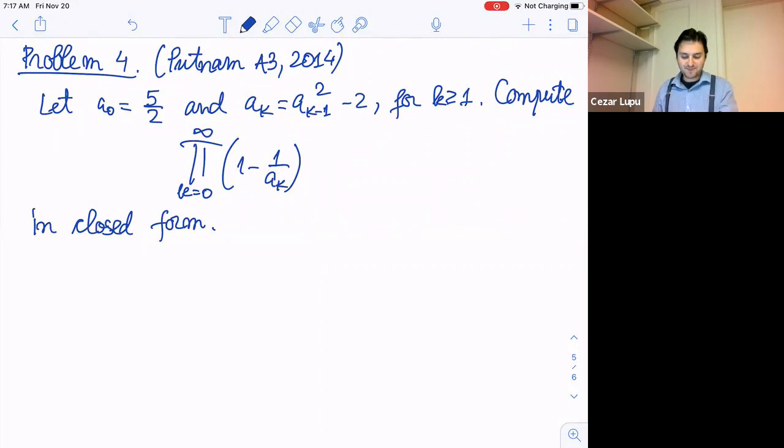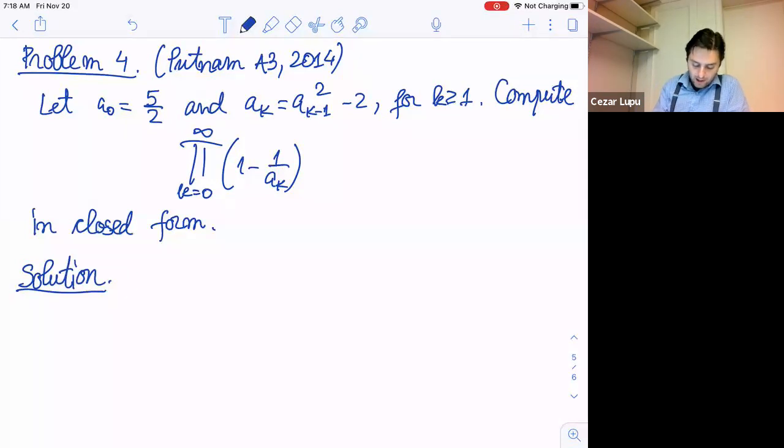All right. You see, this is pretty standard because usually when you have a recursion like this, you can already find the sequence. And okay, I will leave it to you.